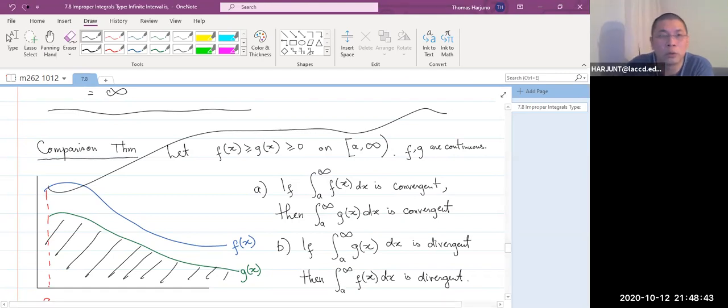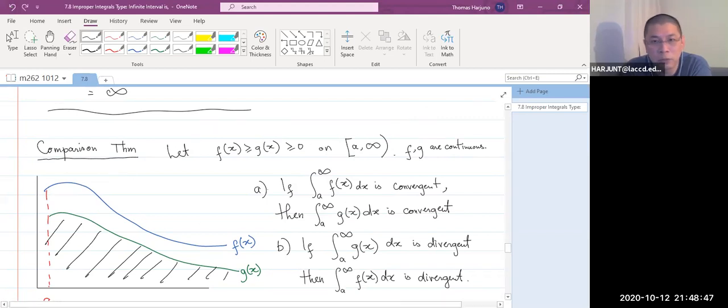So no. It has to follow this. For the lower function to be convergent, it has to be bounded above by a convergent integral.